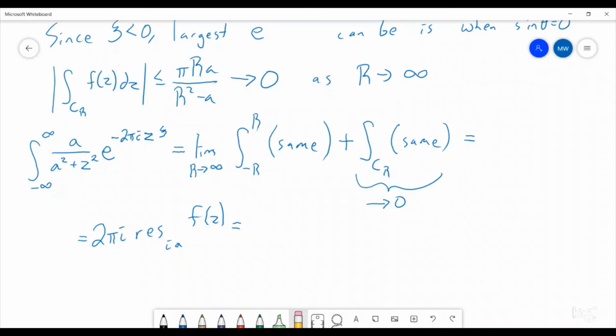Now the residue is going to be equal to 2i times, oh whoops, not 2i. Oh no, yes, 2i, because we have the 1 over pi that we were dropping. So when we multiply the pi over, that's where that pi is coming from.